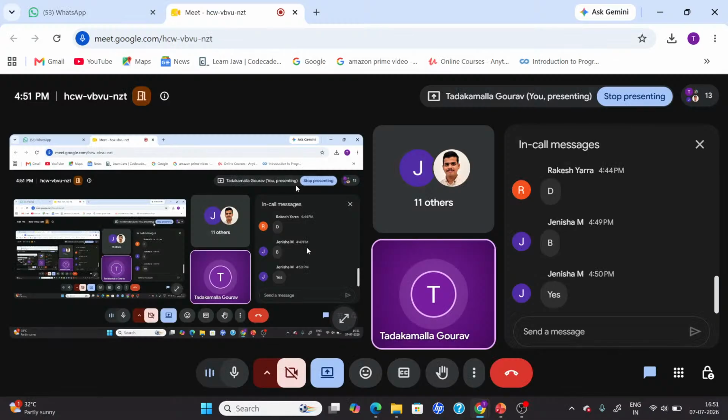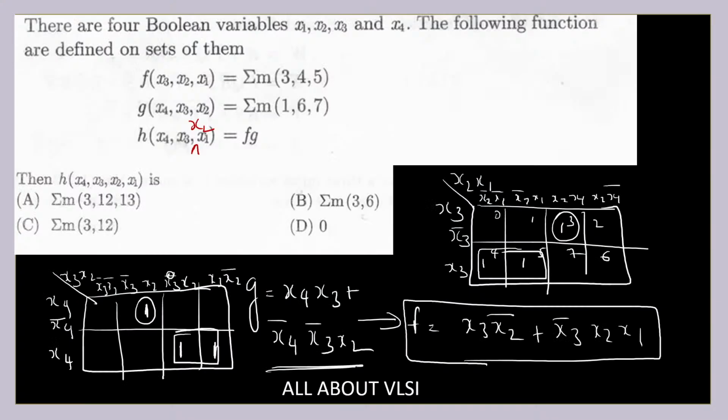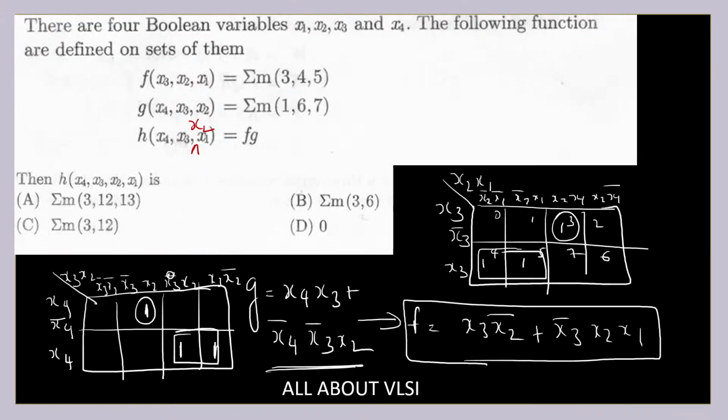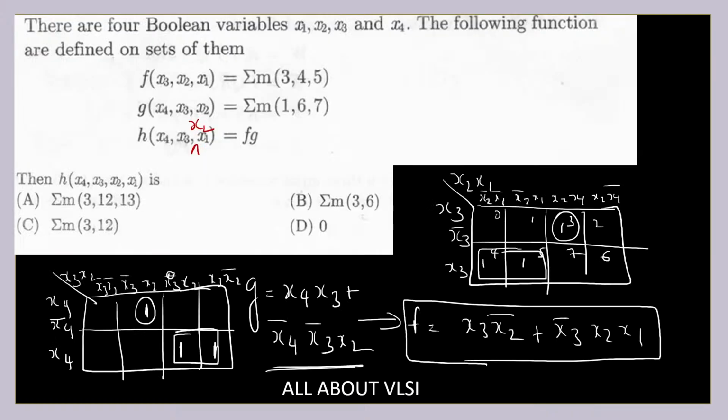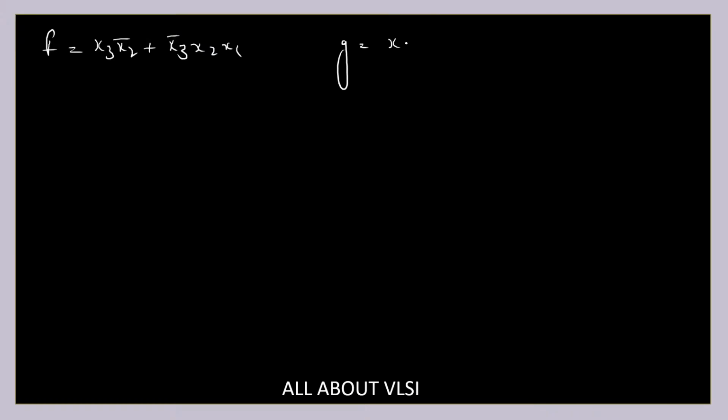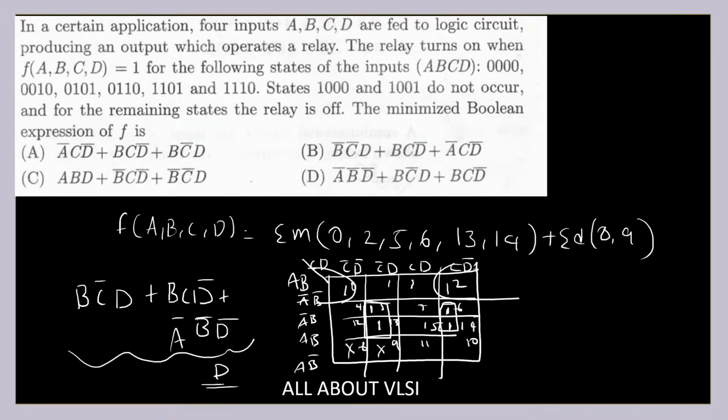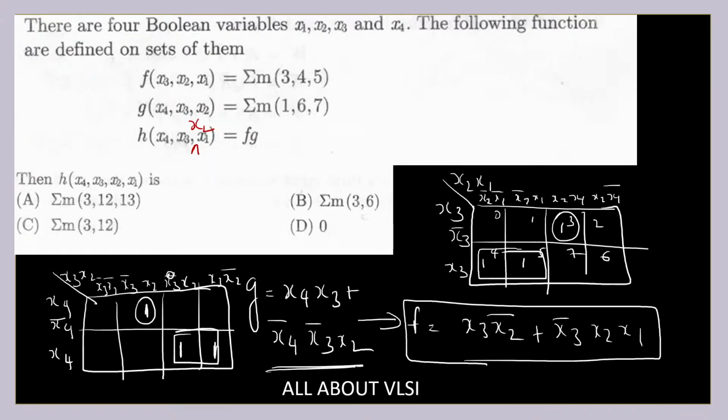Now what I need to do is just multiply them. That's it. So I need to multiply f and g. So f is, let me write it down quickly over here, x3 x2 complement plus x3 bar x2 x1, and g is equal to x4 x3 plus x4 bar x3 bar x2.